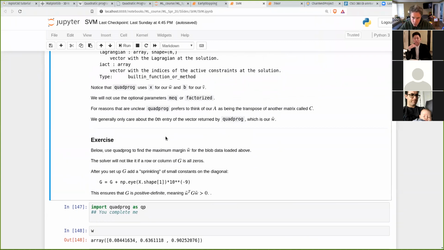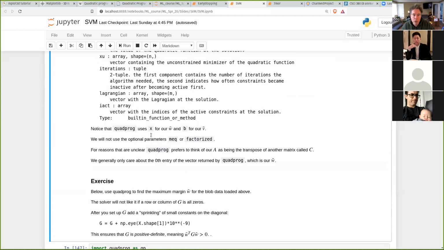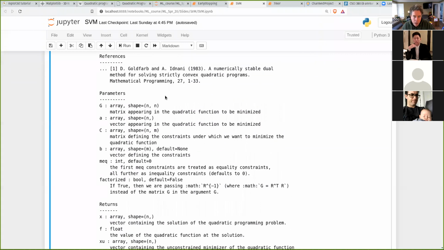Okay. So this just explains the differences in notation, and a lot of these parameters here are optional. MEQ is an optional parameter. We're going to ignore it.